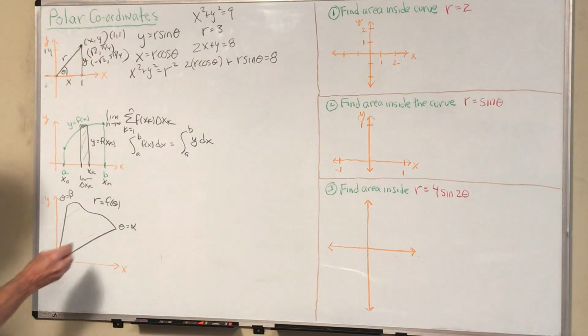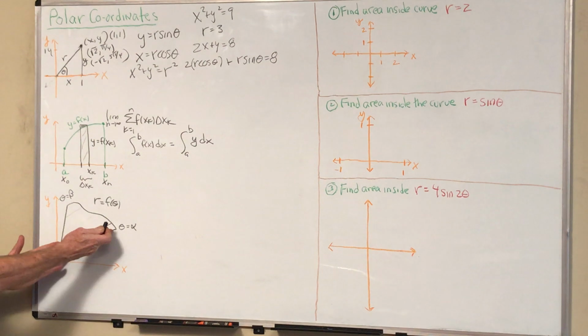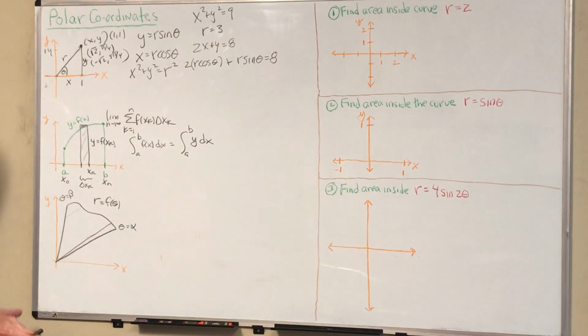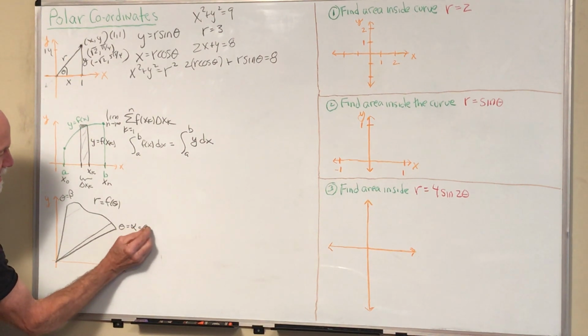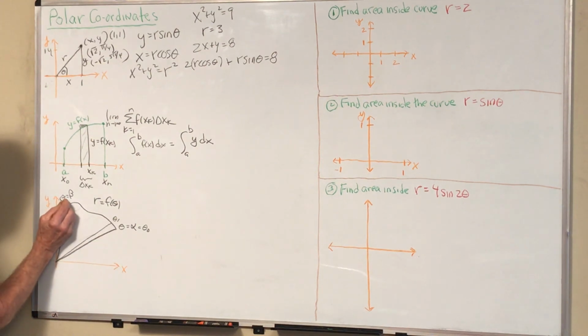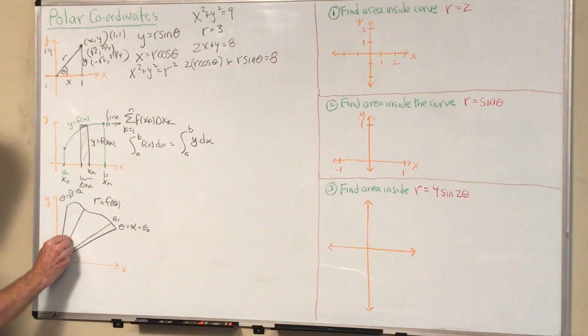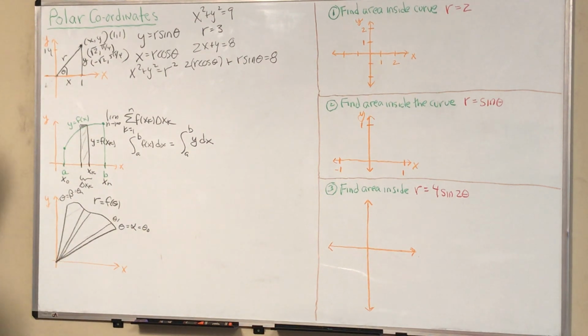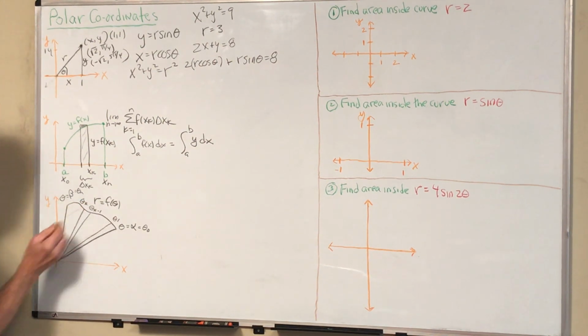We're going to divide this up into n little slices, sort of like slices of pie. And so we're going to call this theta sub 0, theta sub 1, up to theta sub n, but then we're going to have this representative slice right here, which is going to go from theta sub k minus 1 to theta sub k.